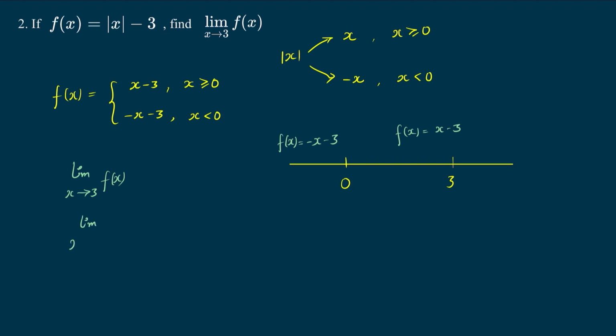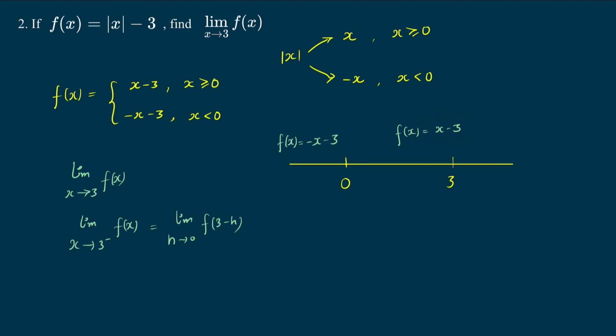Limit x tends to 3 minus f(x) equals limit h tends to 0 f(3 minus h). Now since we were finding the left hand limit, we were approaching 3 from the left hand, and as you see, if I approach 3 from left hand or from right hand, in both cases we have the same function x minus 3.